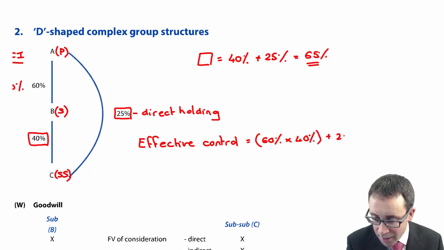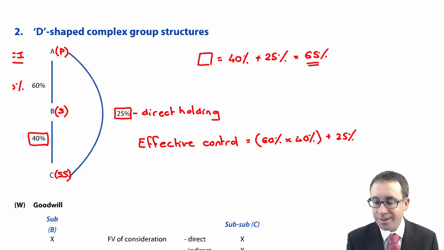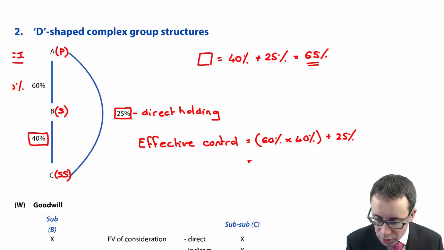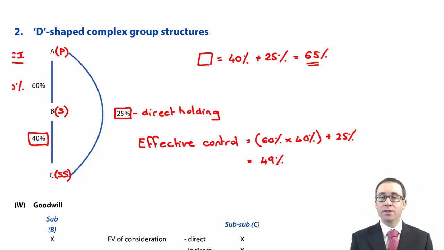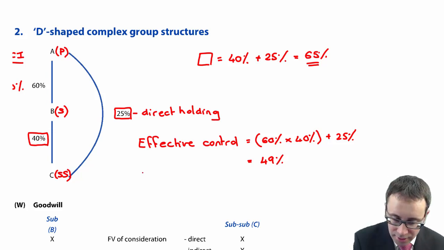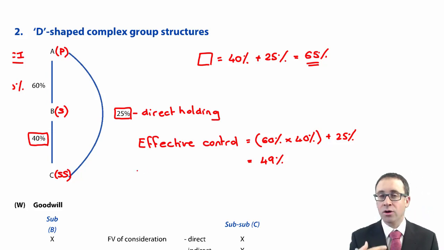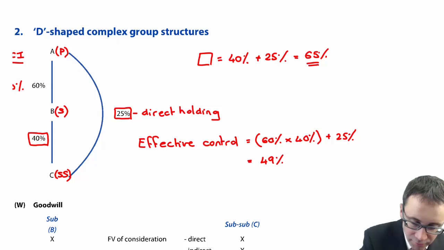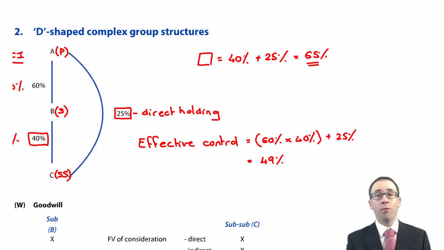But don't forget to add on that 25% direct holding. So 60% of 40 is 24, plus 25 gives me 49%. If we effectively control 49, then the effective non-controlling interest must therefore be 51.